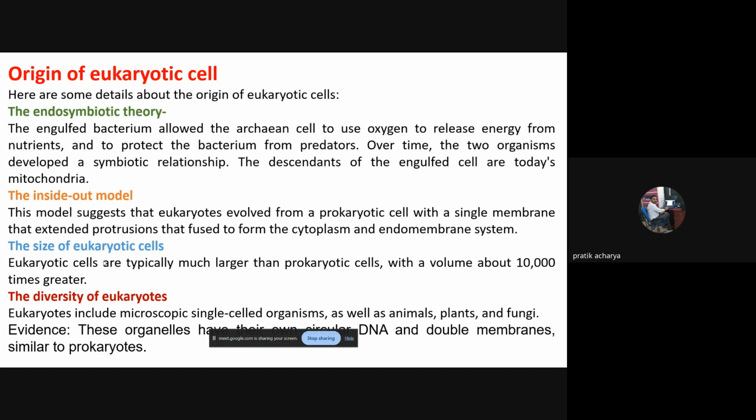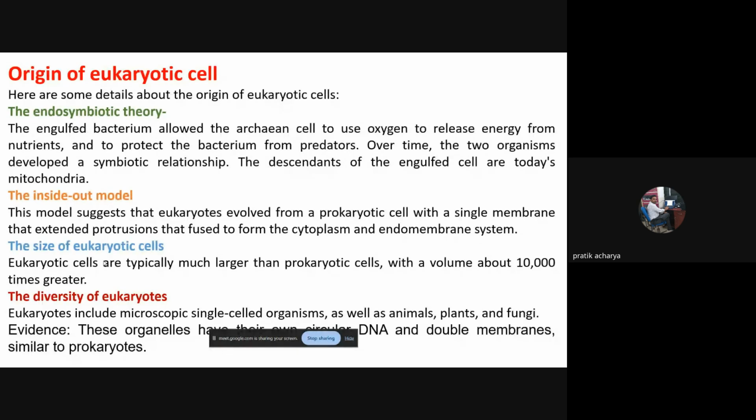Again, they extend a protrusion. Protrusion means the extension of the single membrane towards the surroundings. If bacteria are present in the surroundings, they fuse and trap the bacteria which lived on its surface.